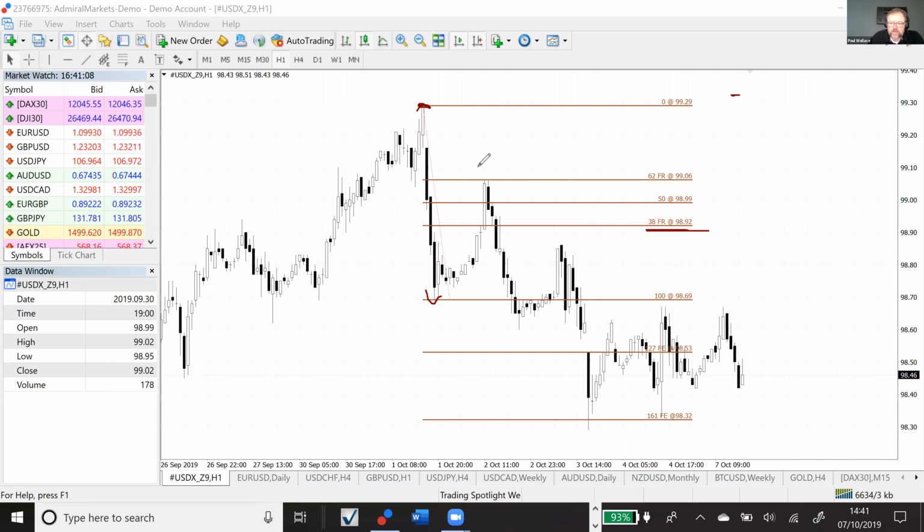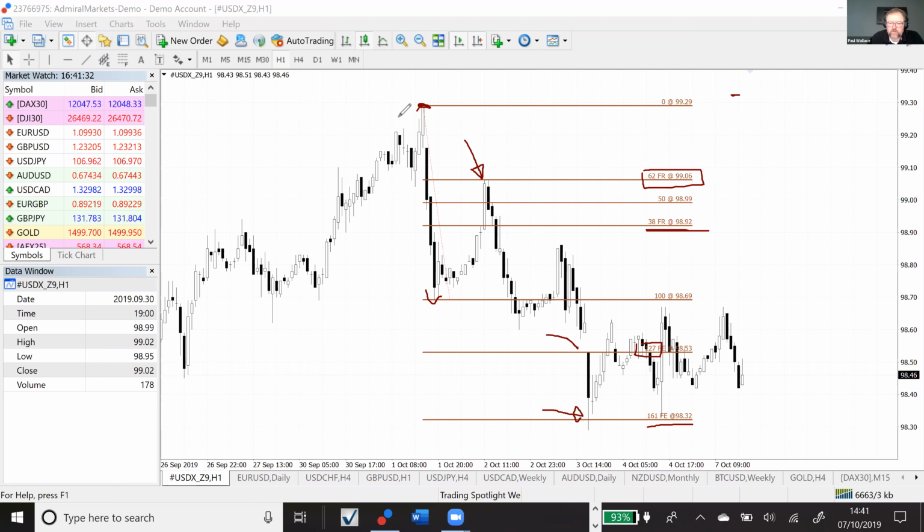It turned absolutely precisely on the 62% Fibonacci retracement. As I said, somewhere between 38 and 62, that's where we're looking for a retracement to occur. But actually what we can see is that price went down to the 127, and then hit our target at the 161 Fibonacci expansion.